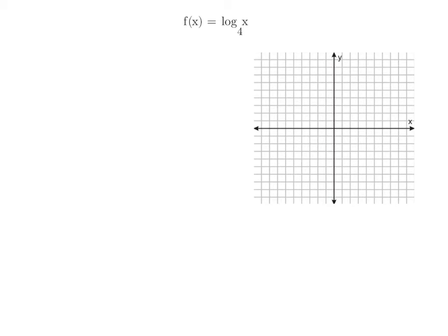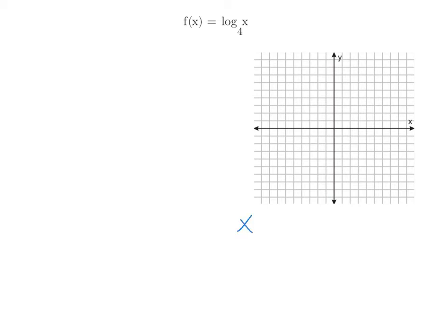When we look at the example f of x equals log base 4 of x, we now know how to evaluate log base 4. When we create our table of values, we're going to want to look at our base and make sure that the values that we input for x into our argument are powers of our base.